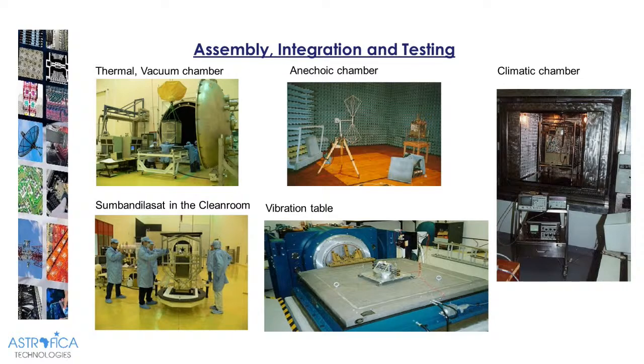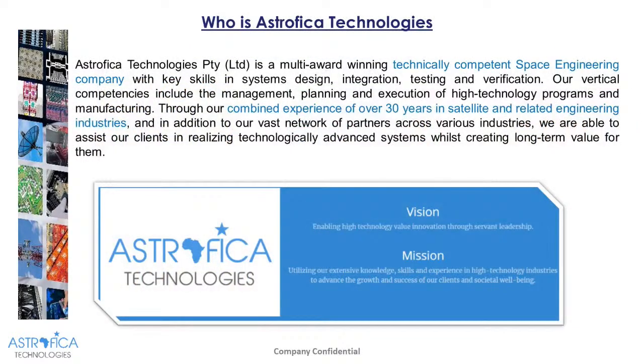We have the thermal vacuum chamber, and all of these facilities, by the way, we have them in South Africa. When I joined the space, the shaker, which is the vibration table, was the largest in the world when I first joined, but now the Chinese have overtaken us. They now have the best shaker. And we have all the axes, your X, Y, and Z.